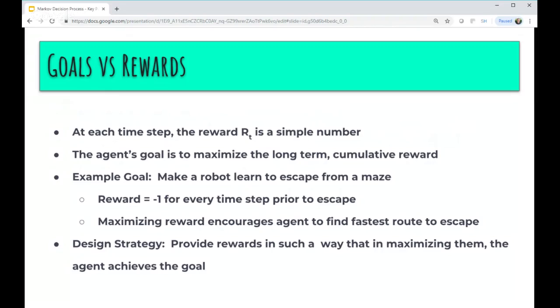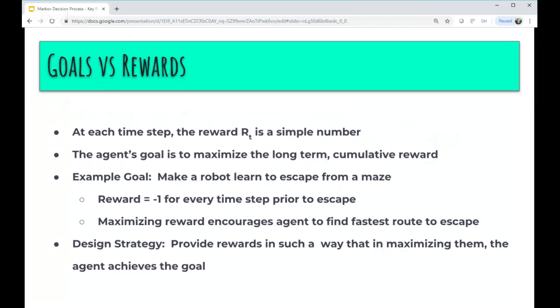So as an example, if you were designing a robot to learn to escape from a maze, you might, as the engineer designing this problem, define a reward of -1 for every time step that the agent finds itself in a state that is not the terminal escape state for the maze. Defining the reward in that way, the rewards keep accumulating over time and get more and more negative.